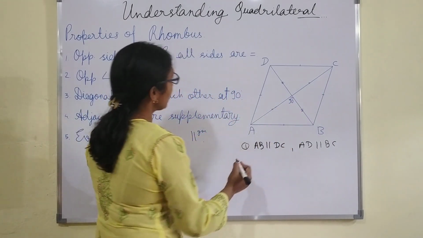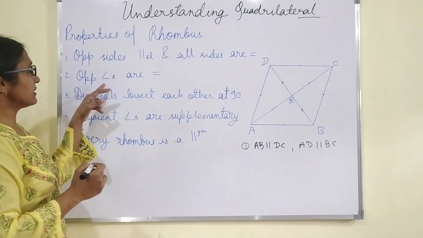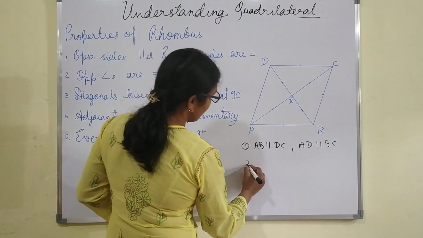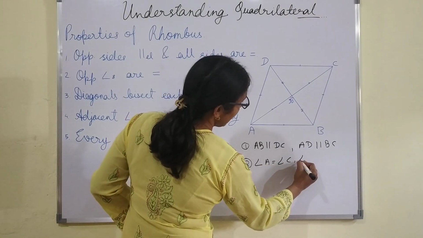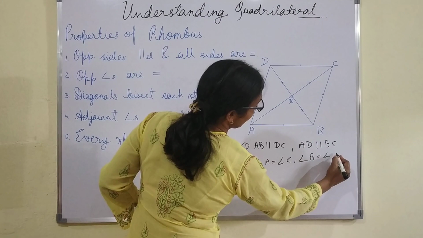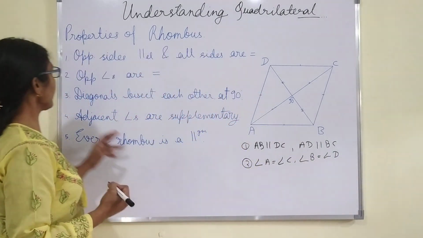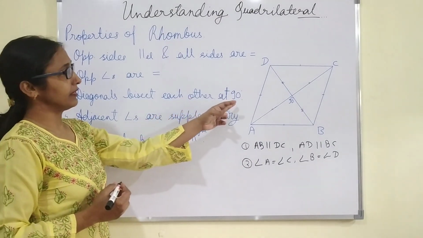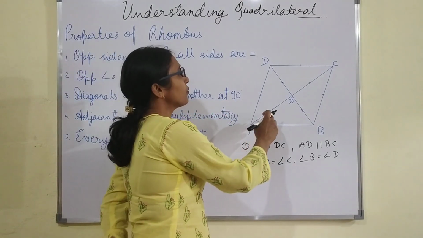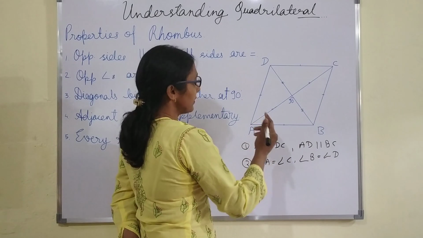Now, next is opposite angles are equal. Opposite angles are equal means angle A equals angle C and angle B equals angle D. Diagonals bisect each other at 90 degrees. Means in a rhombus, diagonals are perpendicular.